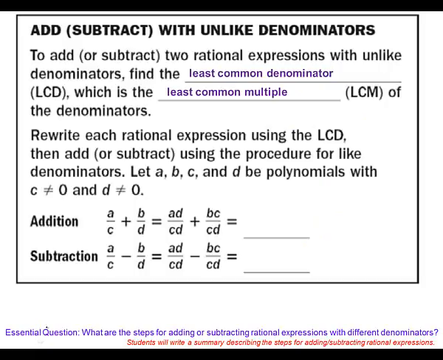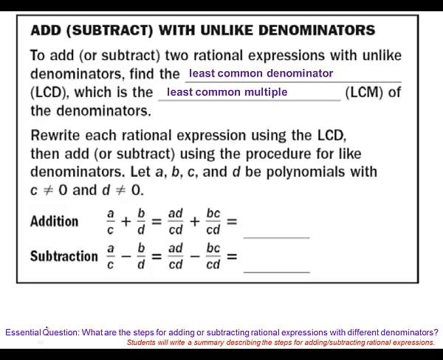So go ahead and fill in those blanks. To add or subtract two rational expressions with unlike denominators, find the least common denominator, or LCD, which is basically the least common multiple of the denominators.